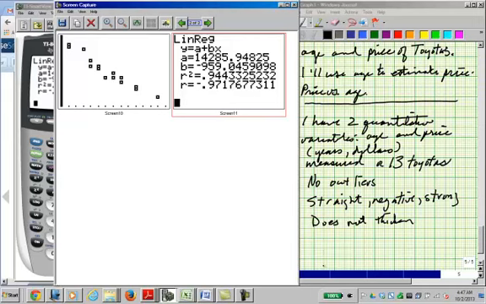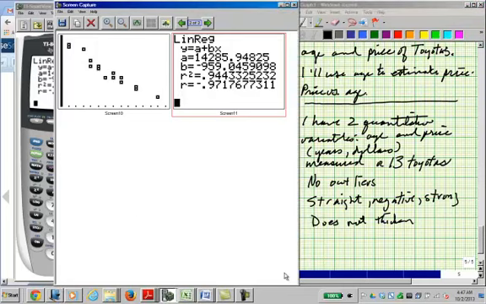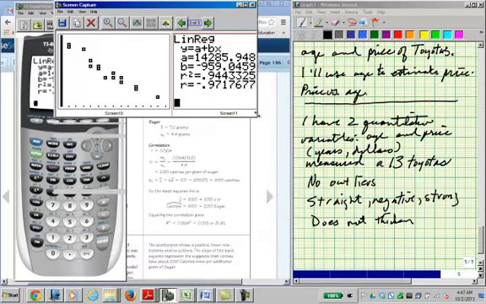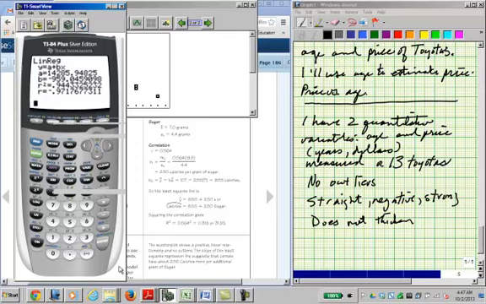I'm trying to fix this thing here so it's not so big. There we go. Alright. Okay, so now where do I find, so here's R.